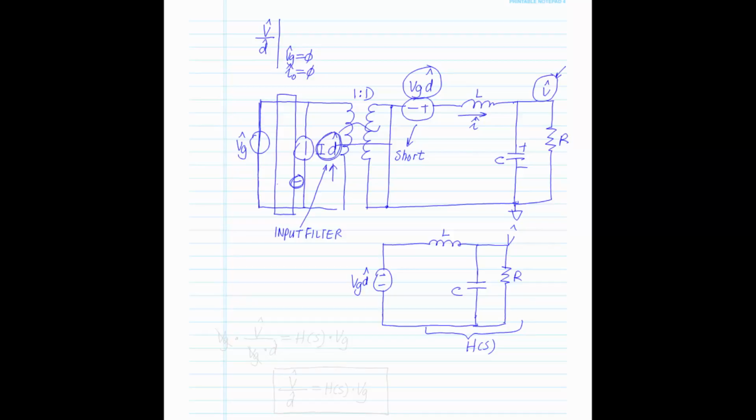But here we can multiply both sides by VG, and we can see the output to duty cycle is going to be VG times H of S. This will be important to close the loop. So again, we're going to go through these circuits and do an example, and that's the best way to obtain what we need.